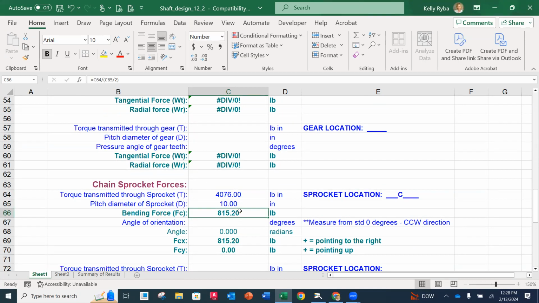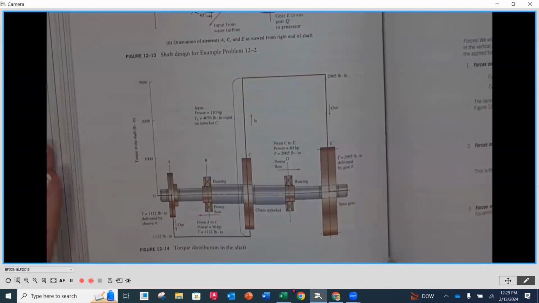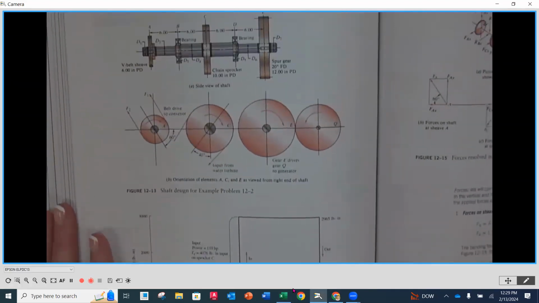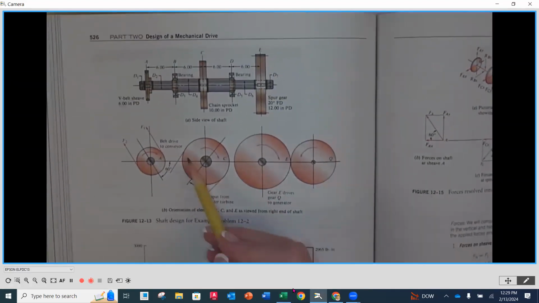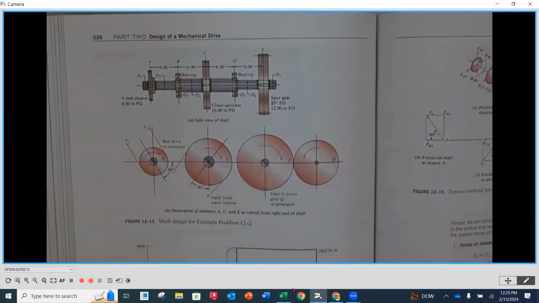So now it has put in here for us the bending force. Okay, it's put in here for the bending force, and this is the single bending force. So if this would be vertical or horizontal, this would be the one number that we would put on the shaft. But you will notice that in the illustration up here, the chain is coming in at an angle.